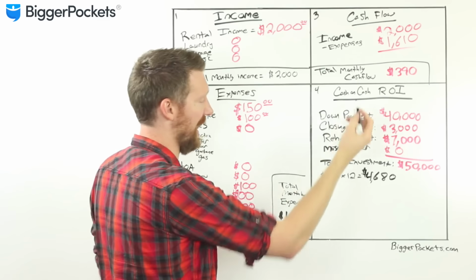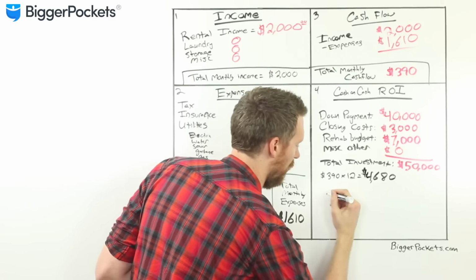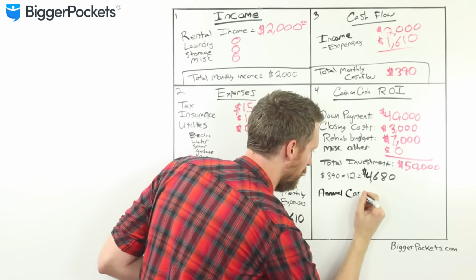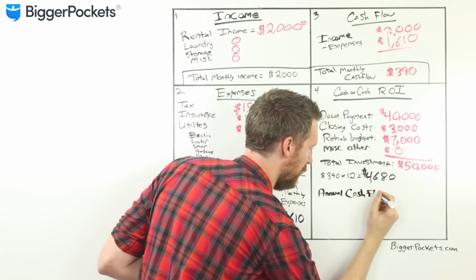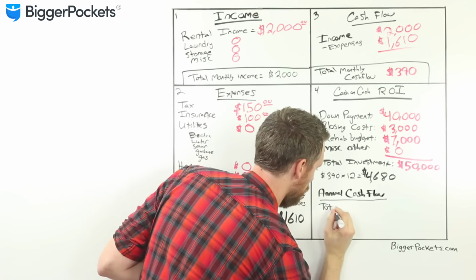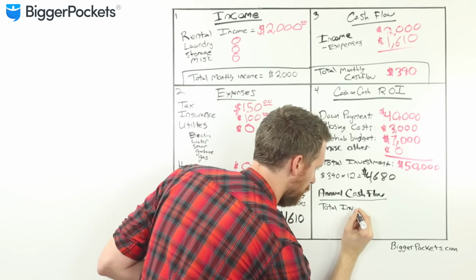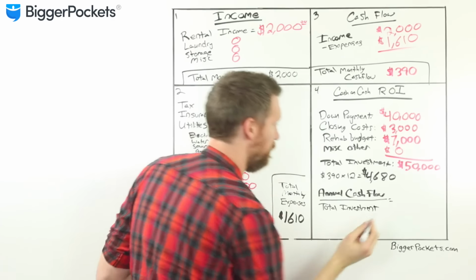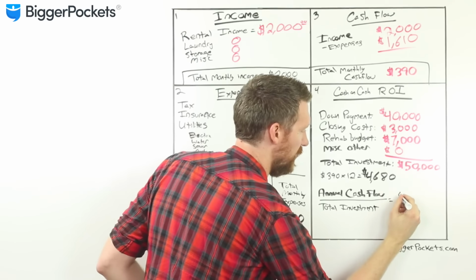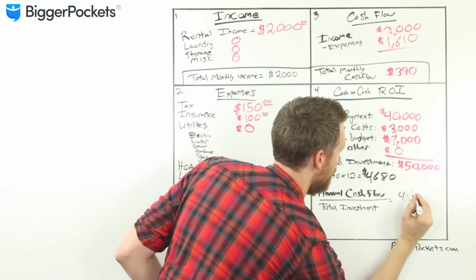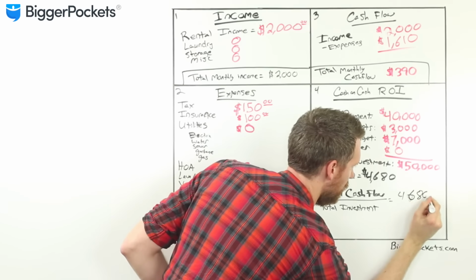So to figure out your cash on cash return, we're simply going to take our annual cash flow, and we're going to divide it by our total investment. So annual cash flow we already know was $4,680.